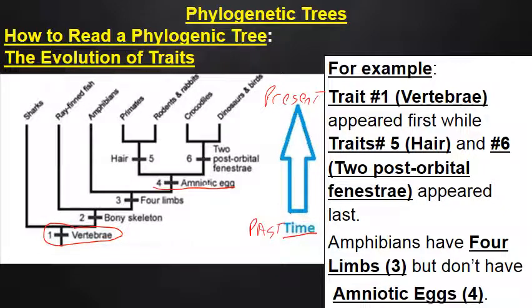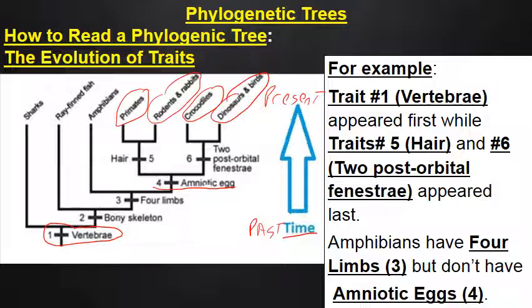Any organism that branches off before amniotic egg doesn't have it. So the only organisms with amniotic eggs are primates, rodents and rabbits, crocodiles, and dinosaurs and birds, while amphibians, ray-finned fish, and sharks don't have an amniotic egg.